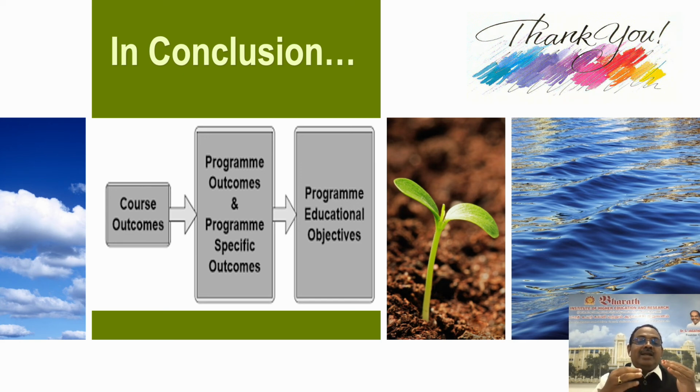Outcomes are developed from the uppermost to the lowermost, and the attainment measurement always takes place from the lower to the upper level. The uppermost level is the program educational objective, the next level is program outcome and program specific outcome, and the last level is course outcome. So by using the course outcome, we can attain the program specific outcome and program outcome.